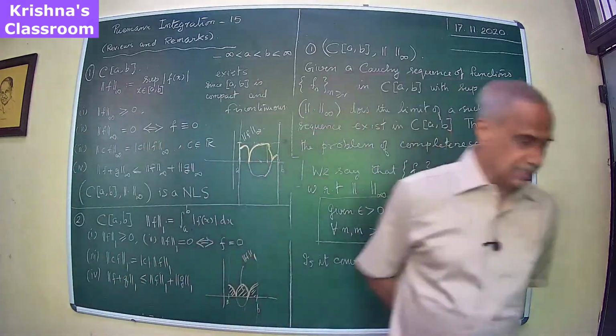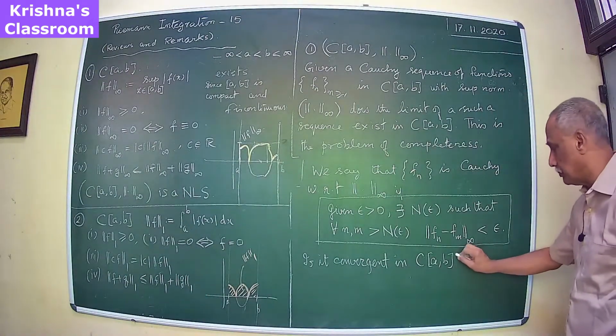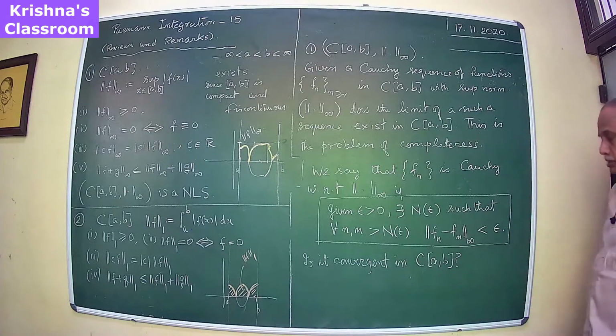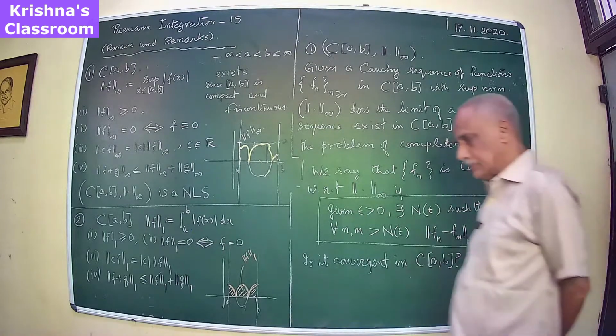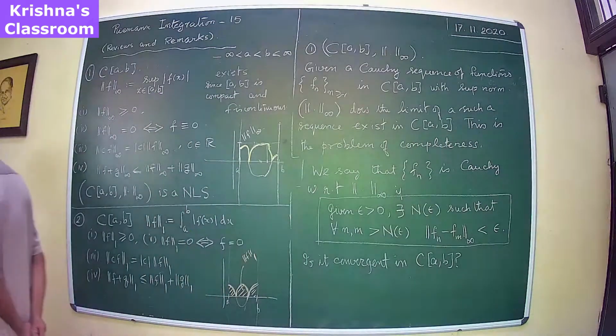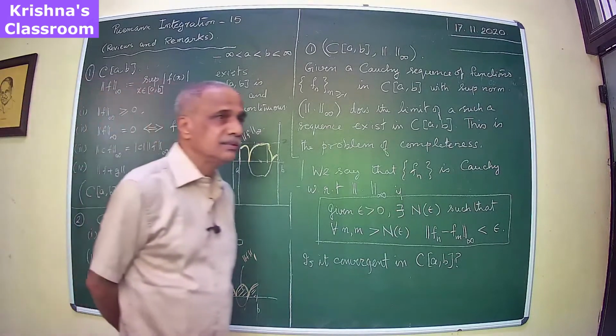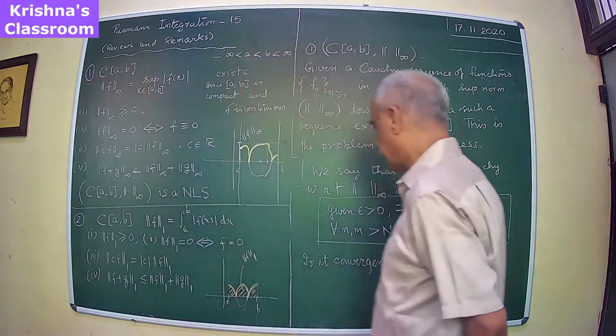You don't know until you prove it. Okay? So we will investigate this problem. It turns out that with this sup norm, C[a,b] is complete. So let me write down the theorem.